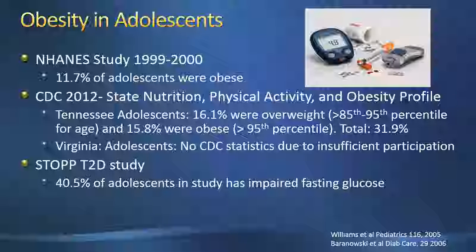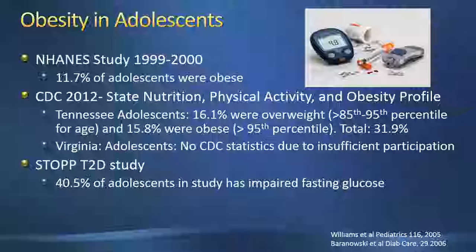In Tennessee, 16.1% of adolescents were overweight and 15.8% were obese, so a total of almost a third of all adolescents. For some reason, Virginia did not do CDC statistics on that in the same period. I guess they wrote insufficient participation, but I would suspect that rates are similar to Tennessee.